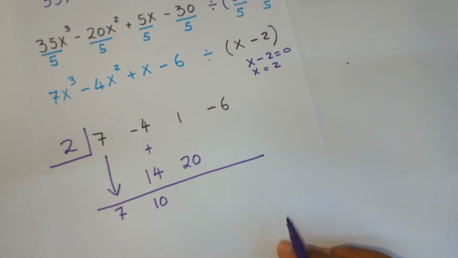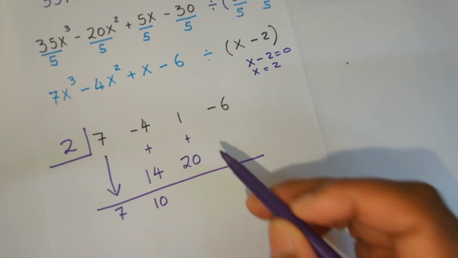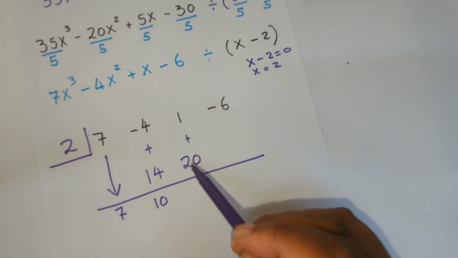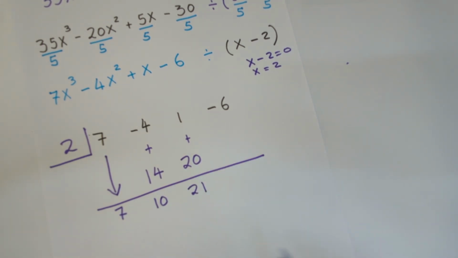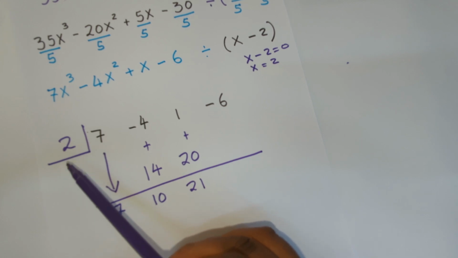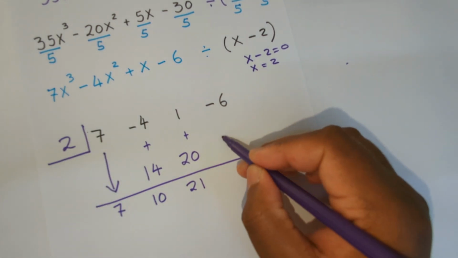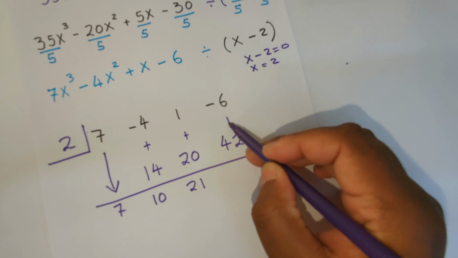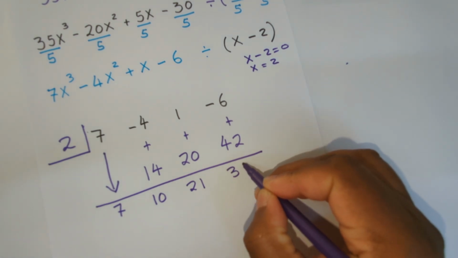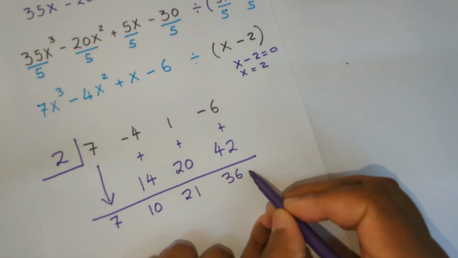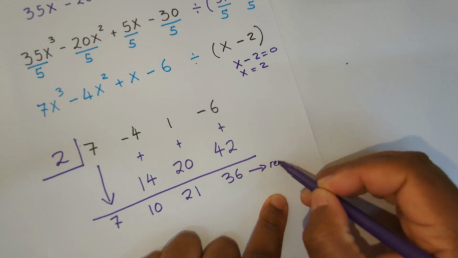So let's put 20 there and add. 20 plus 1, that's a 21. Let's multiply again. 2 multiply 21, that's 42. Let's add. Now 42 minus 6, that will give you a 36. So 36 is our remainder.